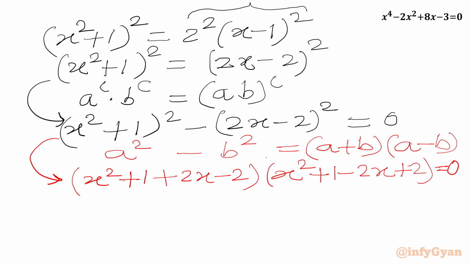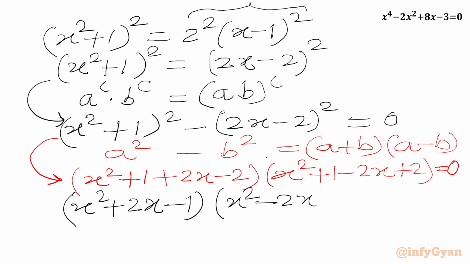Now we will simplify both the brackets and get x square plus 2x minus 1 in the first bracket, and in the second bracket x square minus 2x plus 3 equal to 0.